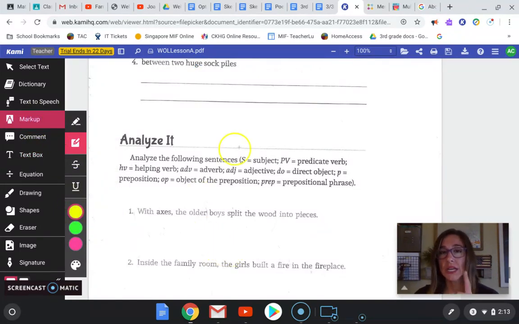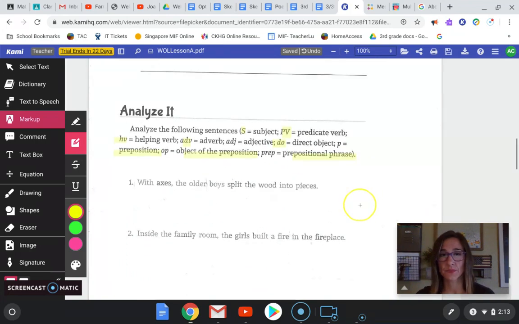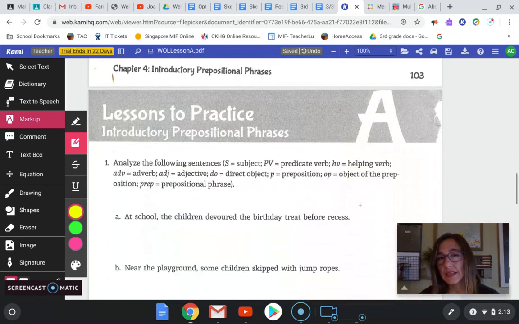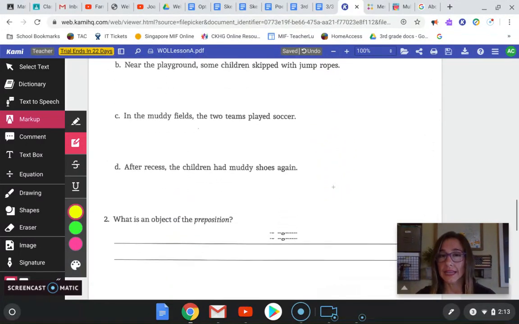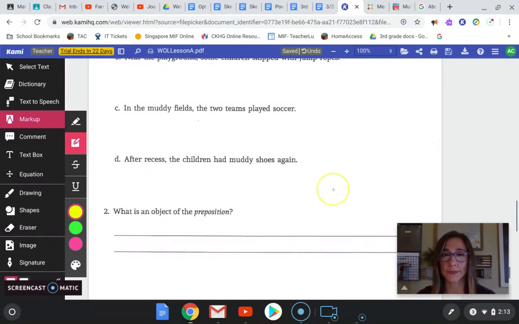You must mark the subject, the predicate verb, the helping verb if there is one, adverb, adjective, direct object, preposition, object of the preposition, prepositional phrase, and you know how to do that. Okay? And then this continues with analyzing. Like I said, do the choral response and then mark it.